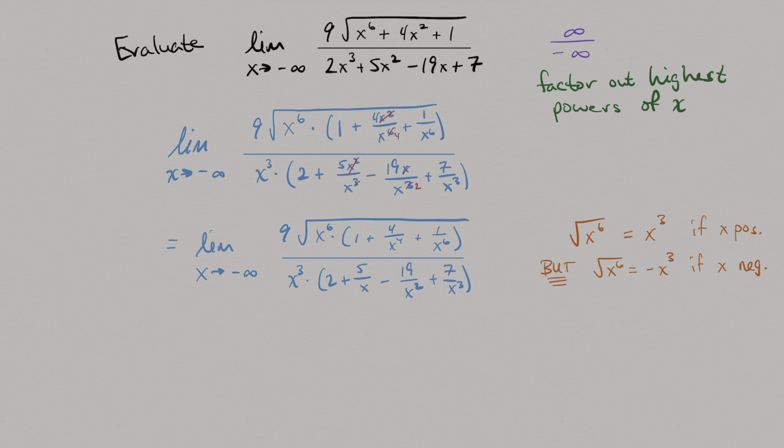Typically, what you'll see in a text is the reminder that the square root of something like x to the 6th is equal to the absolute value of x cubed. And then they don't have to consider the cases of positive or negative. Now here we have x going to negative infinity. So we in fact have negative x cubed coming out of that square root.